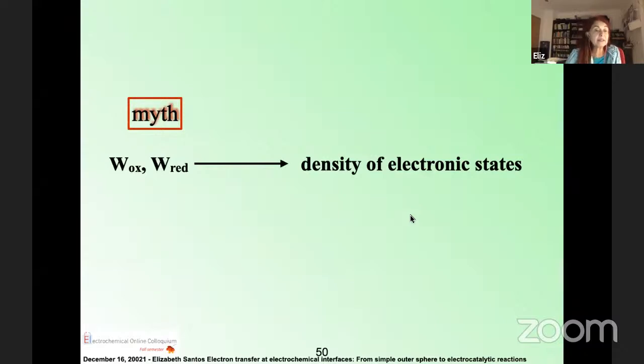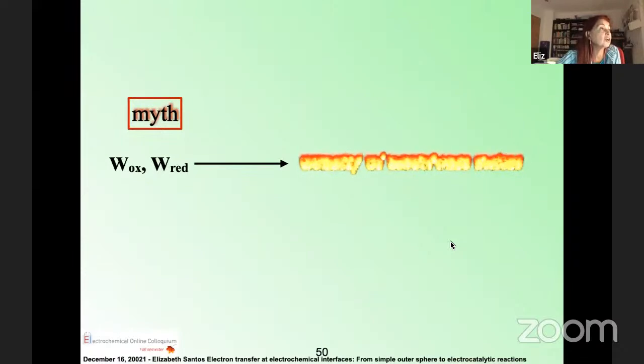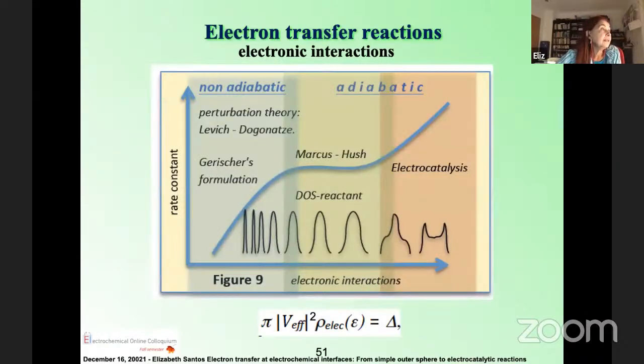It's the probability of how the level of the state moves by the effect of the solvent, but it is not a broadening, like we have seen before for the electronic state, due to the interaction with the material.